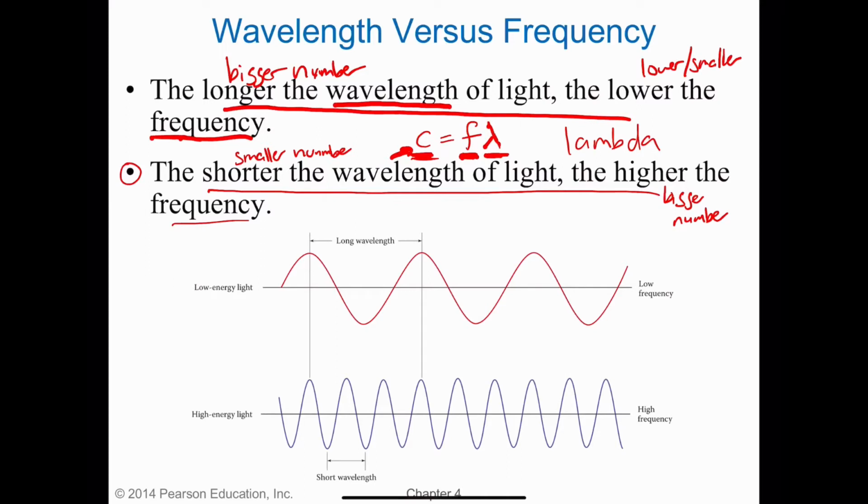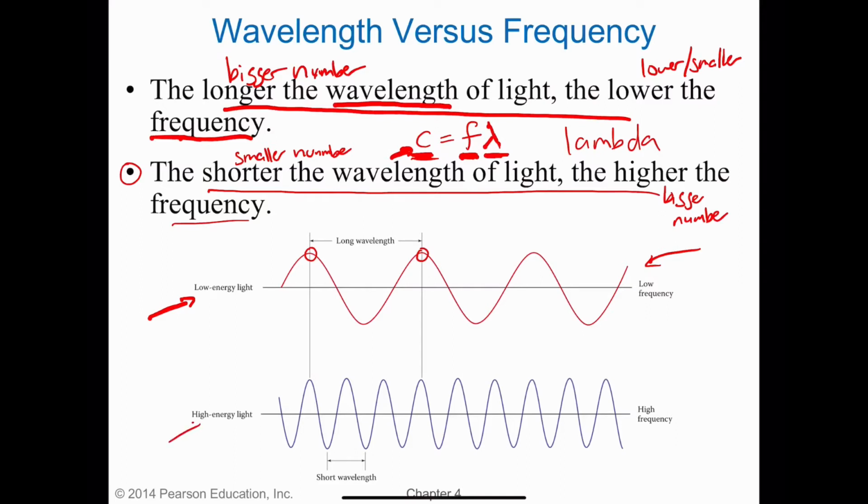Now, how this relates to light, so here they've got an example. They say low energy light, and notice that they're drawing the curve in red, and that's because red light is generally lower energy light, and we've drawn a longer wavelength. So again, wavelength is going from crest to crest, and they're drawing it longer compared to the blue or purple curve that's below.